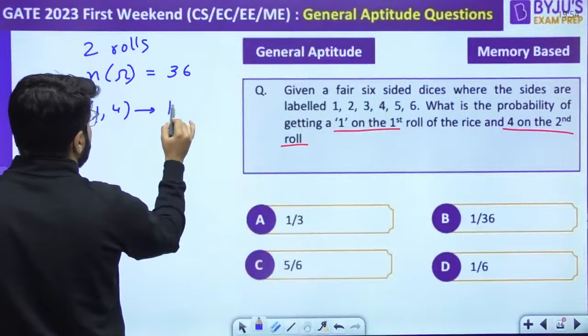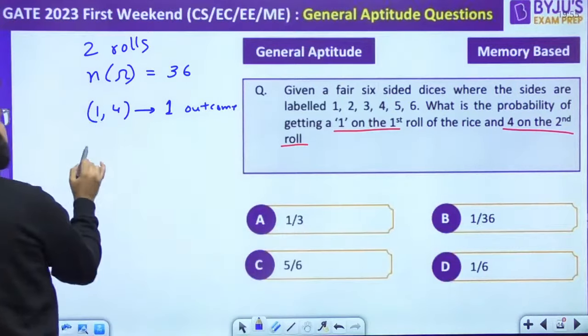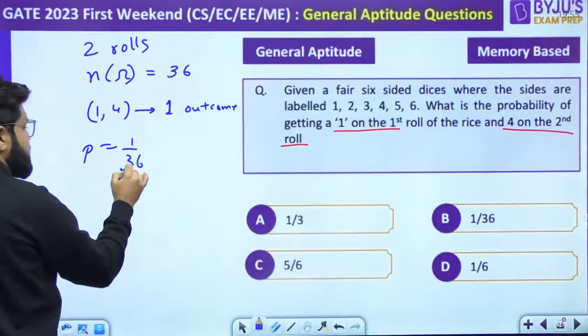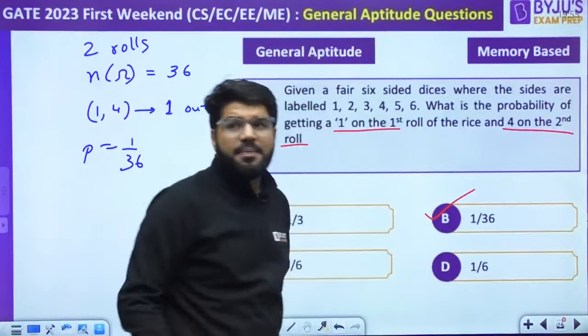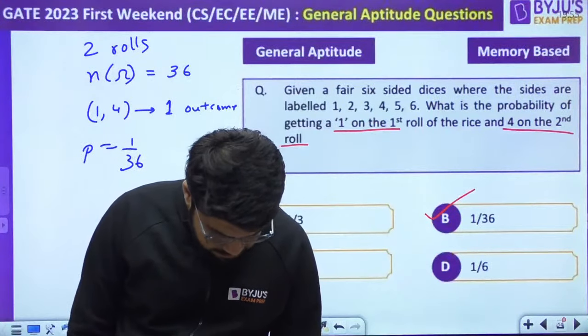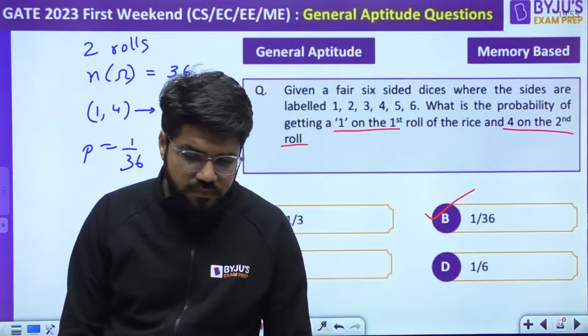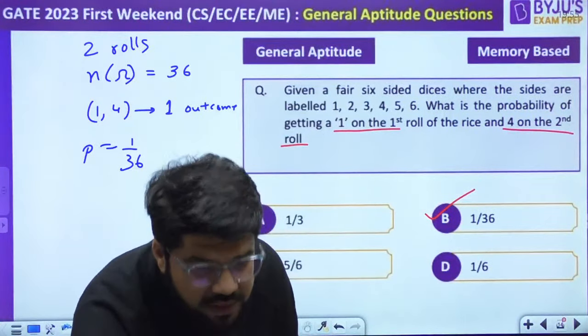That is just one possibility, one outcome out of the sample space. 1 in the first, 4 in the second. So the probability is 1 by 36. That became very simple. Clear everybody? Okay, that is clear. Cool.